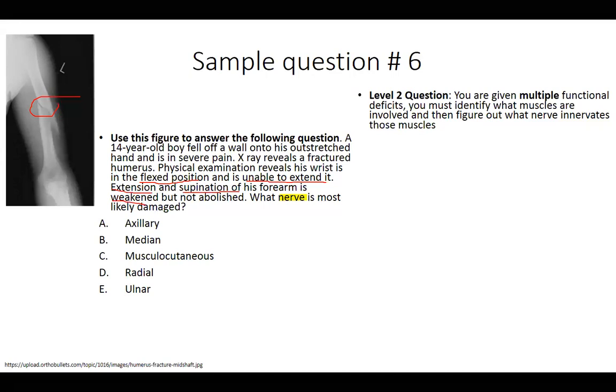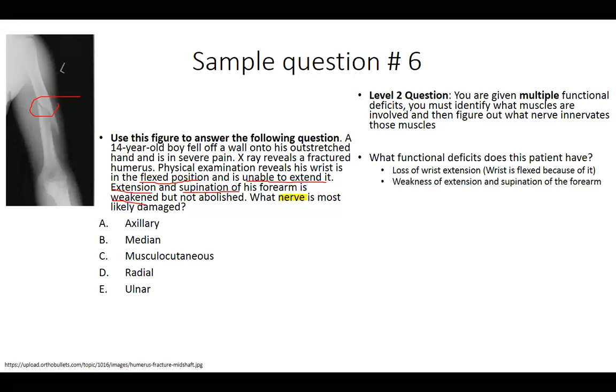All right, so what functional deficits does this patient have? And that's the loss of wrist extension, that's why his wrist is flexed, and weakness of extension and supination of the forearm. Okay? So what compartment of the arm does forearm extension occur in?